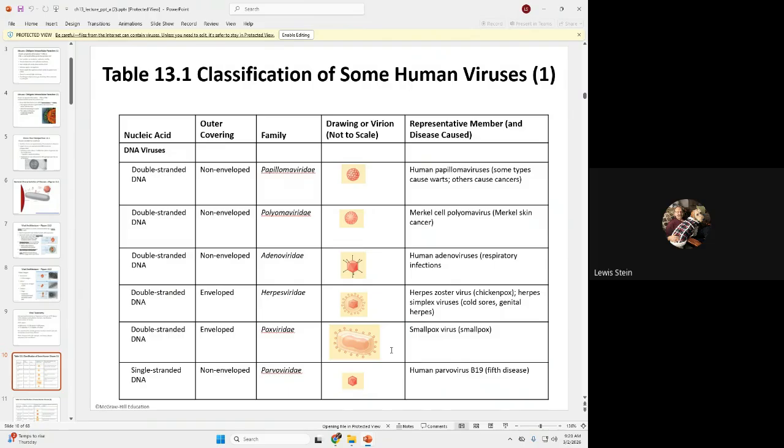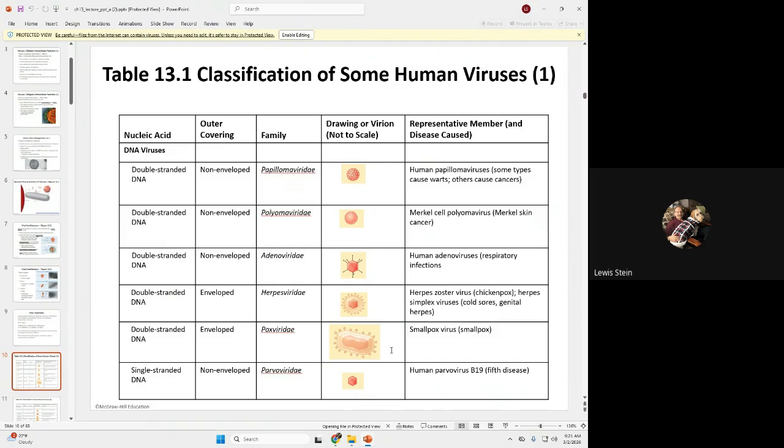They're all enveloped viruses. They're not hard to get rid of in the environment. They unfortunately affect us a lot. This one goes by the acronym HSV1, HSV2. That stands for herpes simplex 1.